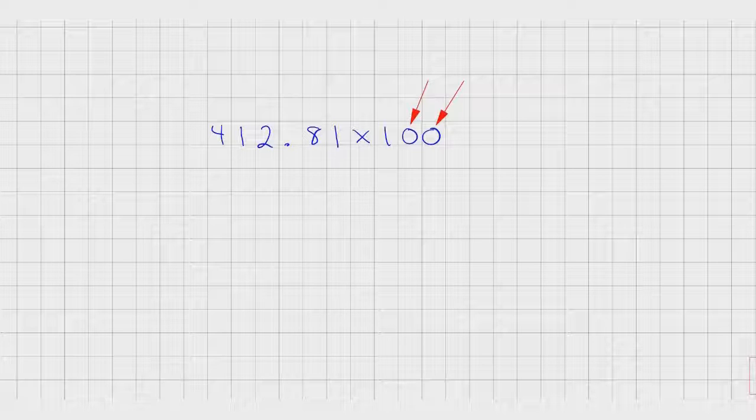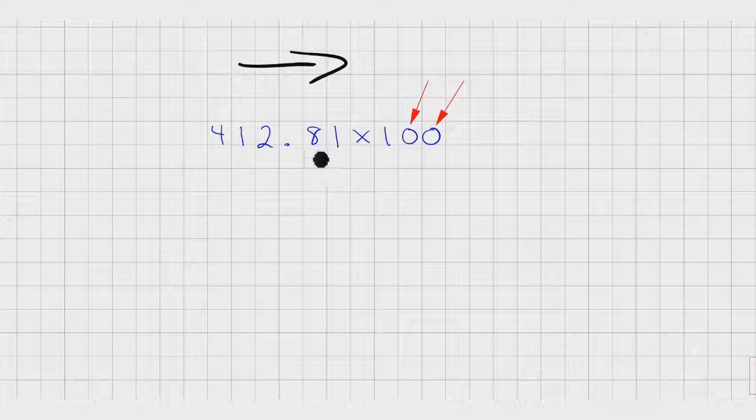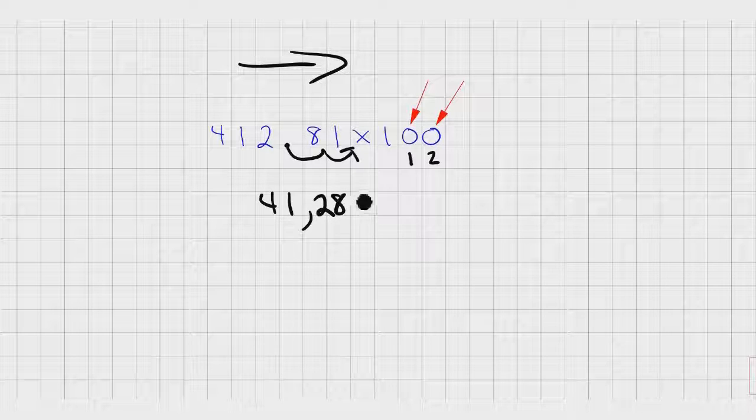The question is, is it to the right or to the left? Since we're multiplying, we want to make the number bigger, so it has to be to the right. So here's the decimal right here, and we just go 1, 2 spaces, because we have 2 zeros. So our answer is 41,281.